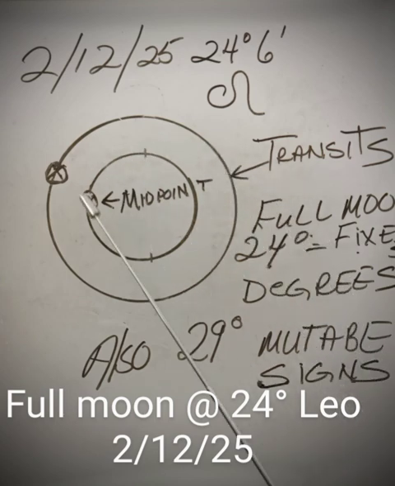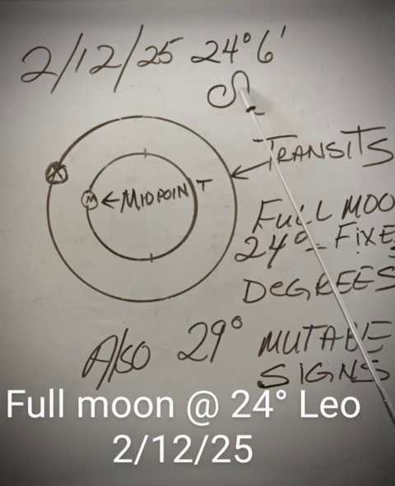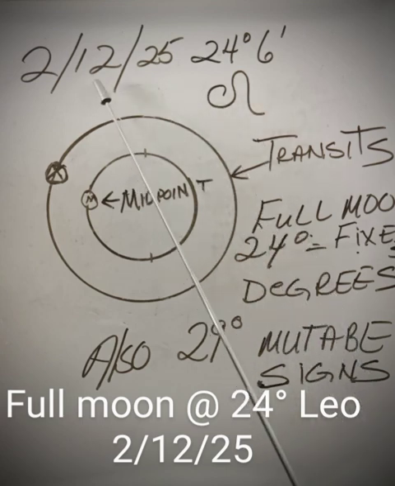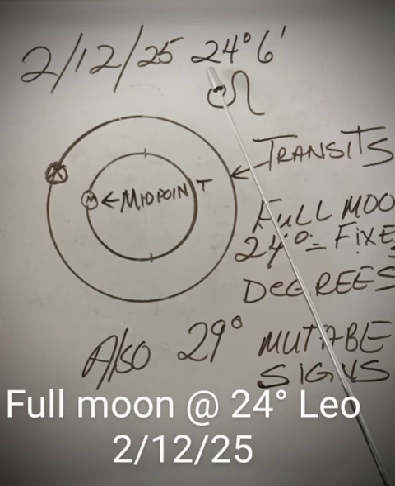So we're going to go back to the 24 degrees. This is the symbol for the degree there, and this is the symbol, or sigil, for Leo. This is going to happen on the 12th. If you have any planets in fixed signs, we're going to work on the fixed signs. Why fixed signs?